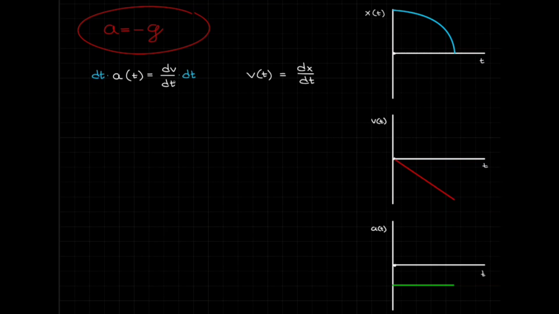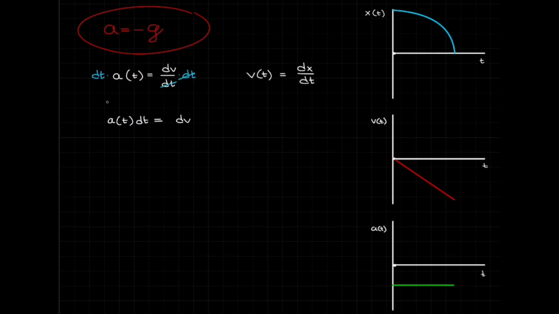The dt cancel out, and we're left with the differential form. You'll see why I do this, because then we can integrate. So we'll have a dt equals dv, like so.